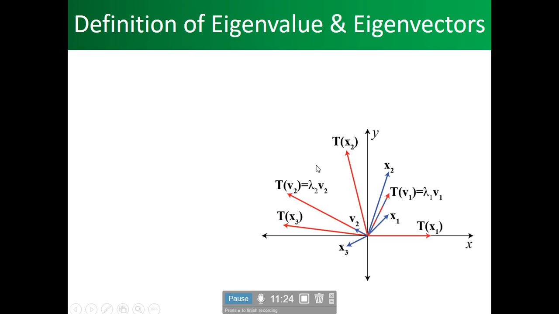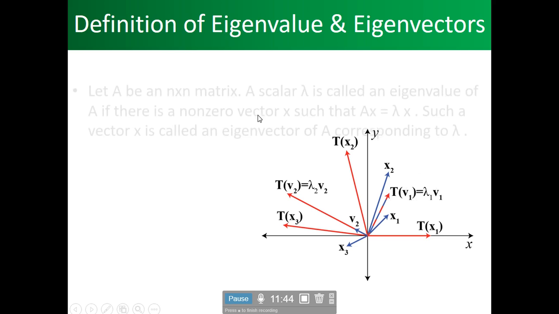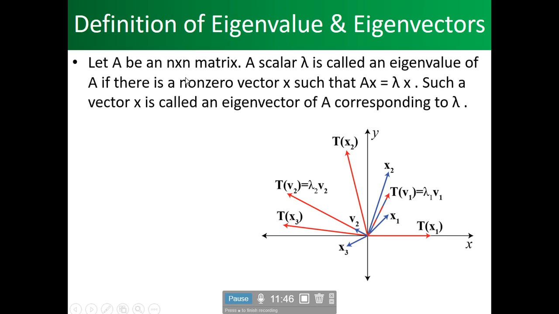Okay, now when we use our eigenvalues and our eigenvectors, we are wanting to be able to say, what value of lambda, what constant can be multiplied times a new vector to give us the same answer, to give us the same function. So that's what we're going to try to do. Let A be a square matrix, an n by n matrix.